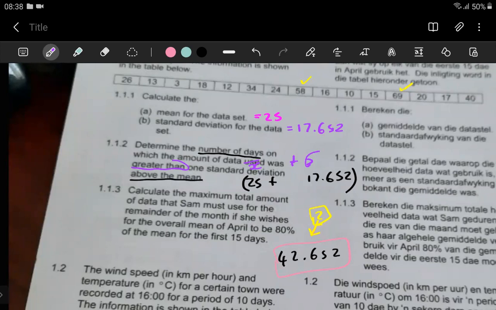If they say within, then you have to get one standard deviation up, one standard deviation down, and then you get the numbers that are within that range. If they say 2 standard deviations, then you would just multiply the standard deviation by 2 when you are adding it. So it's going to be the mean plus 2 standard deviations, and all that.